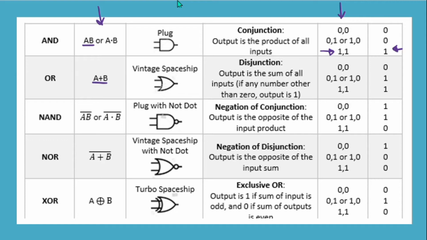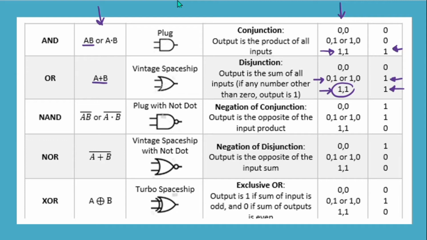So the minute you have a 1 as an input, in both these situations, there's at least a single 1, your output becomes a 1. And if you look at this third one, you can be like, well, 1 plus 1 is 2. Well, in Boolean algebra, if it's not 0, it's 1. So if it's 2 or 200, it's actually 1. You only have two choices, 0 or 1.